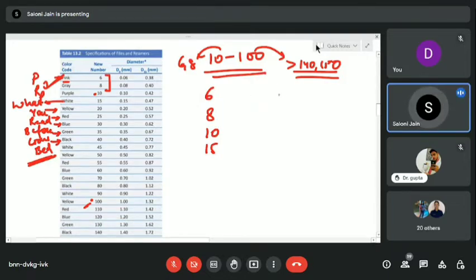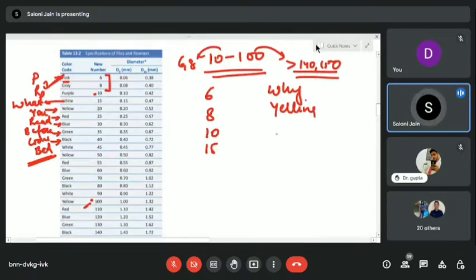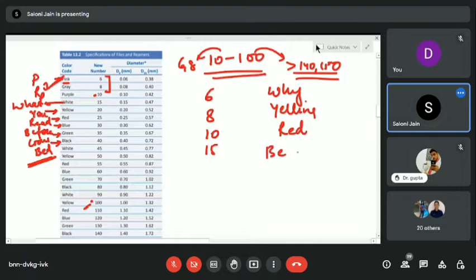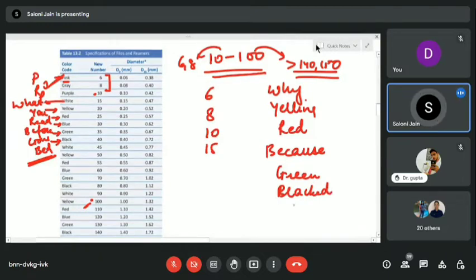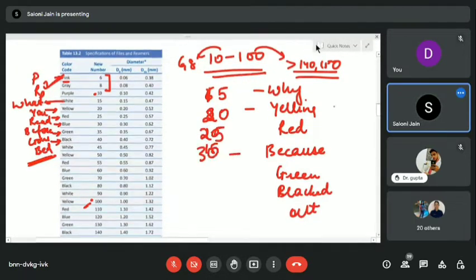This could be another mnemonic, whichever is suitable to you, you can remember through that. This is from 15, sorry. Either why yelling red because green blacked out, or what you read before going to bed. Whichever is suitable to you, you can remember for this. So you write the numbers on one side, you write the mnemonics on the other side, and the colors are clear.